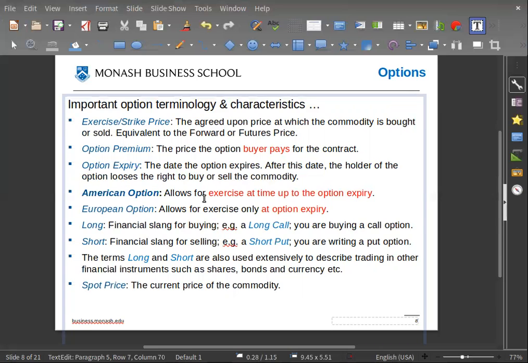So that means, let's say, our call option expires on June the 18th. So anytime from today up until June 18th, if the situation is favorable to us, if the market prices are in our favor, we can choose to exercise them anytime. But on the other hand, in the case of a European option, we can only exercise on the expiration date.